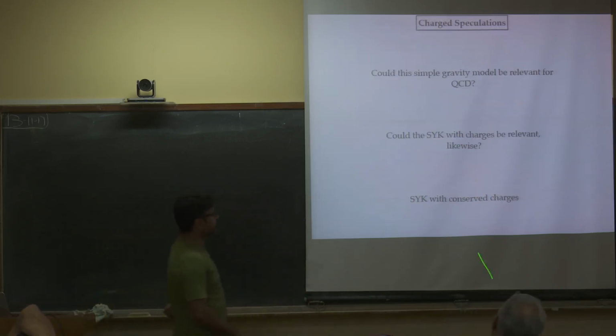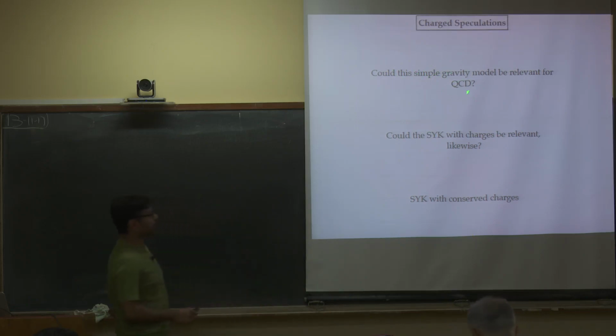So now you can always speculate. The speculation is that could this oversimplified gravity model be relevant for things like QCD? And if you are asking this question, you might as well ask, since I get an AdS2, could SYK likewise be relevant, in the sense that there is some QCD feature which I can actually capture by doing some local SYK-type analysis.